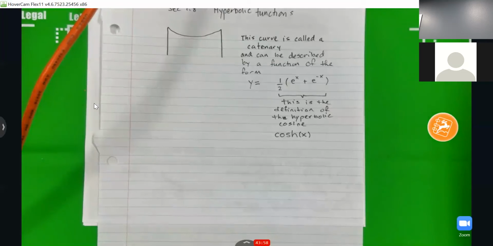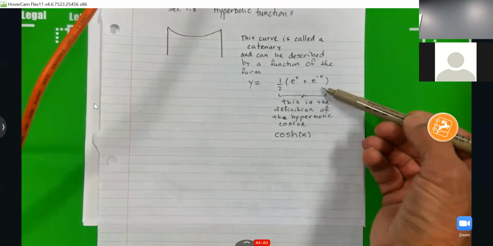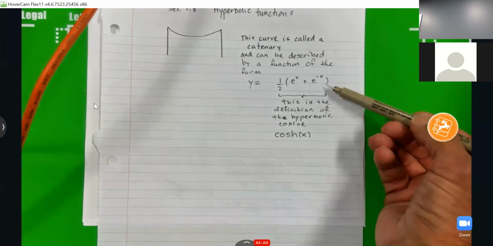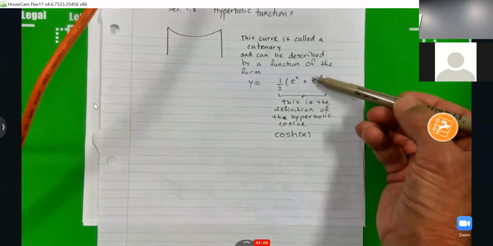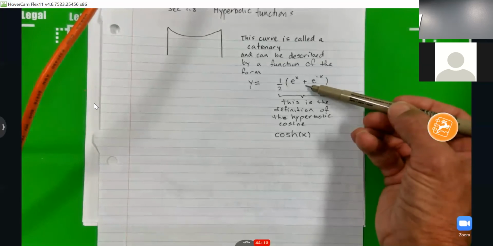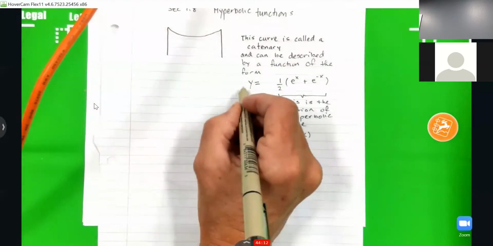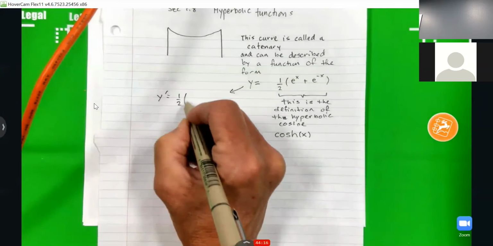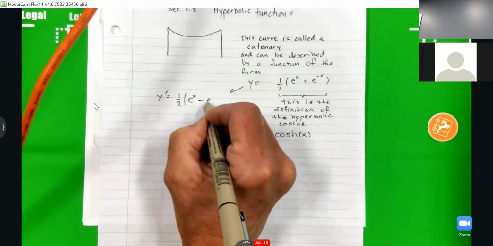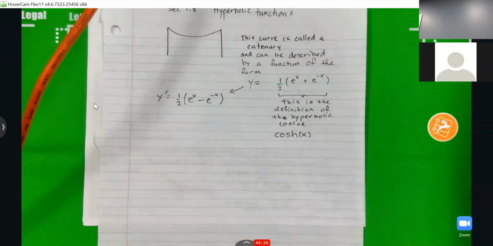If you take the derivative of the hyperbolic cosine, you just take the derivative of this thing here. And you essentially get this back, except when you take the derivative of the second term, you're going to get a minus sign right here. That's why y prime is equal to 1/2 e to the x minus e to the negative x.